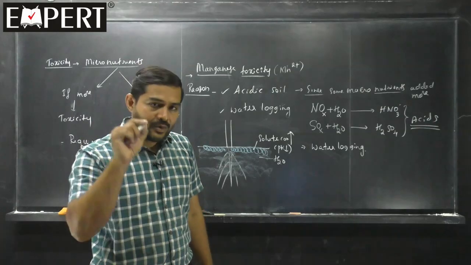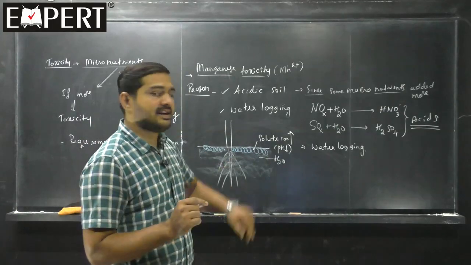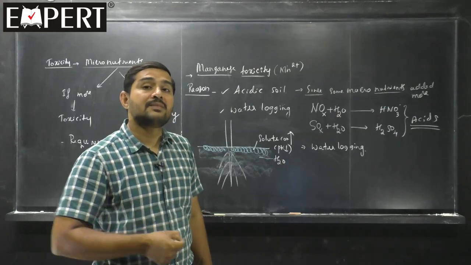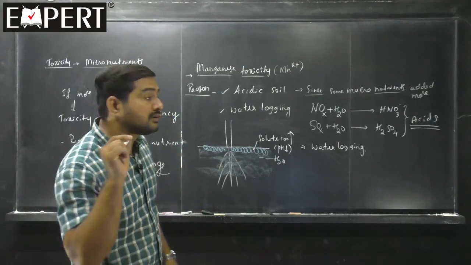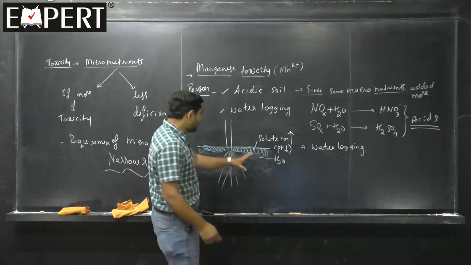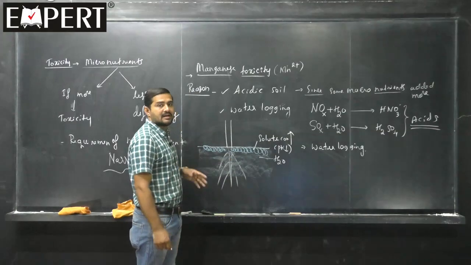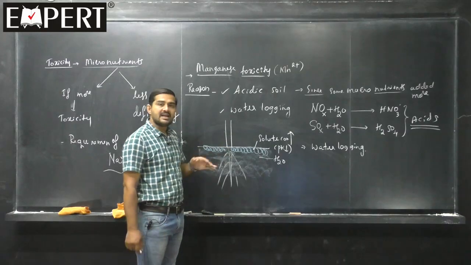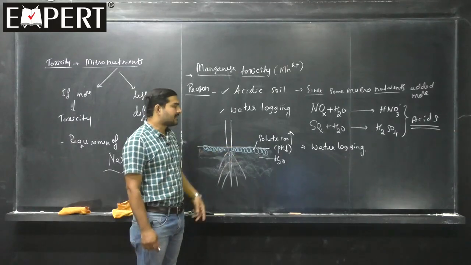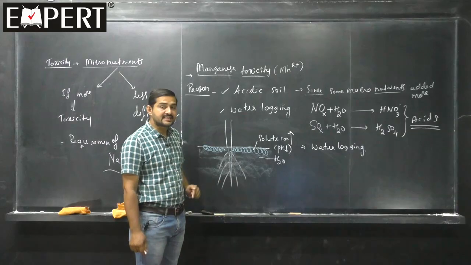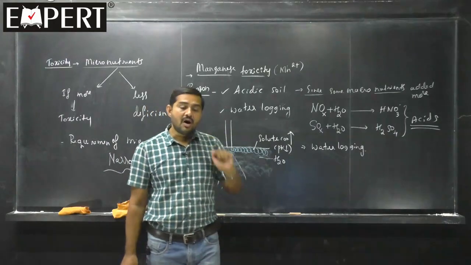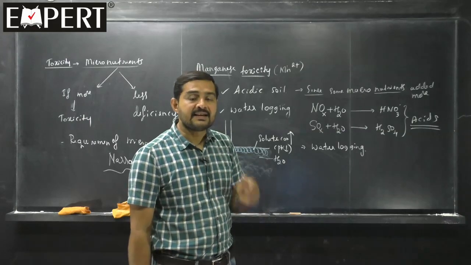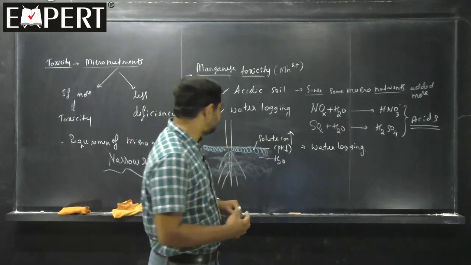Some not required element like manganese, whose concentration should be less in the cell, its absorption becomes more and more. Water logging means accumulation of water leads to dissolving of the minerals to the surface, it forms a crust, and solute concentration increases, because of which the not required minerals, their absorption goes on increasing. Best example is manganese here.